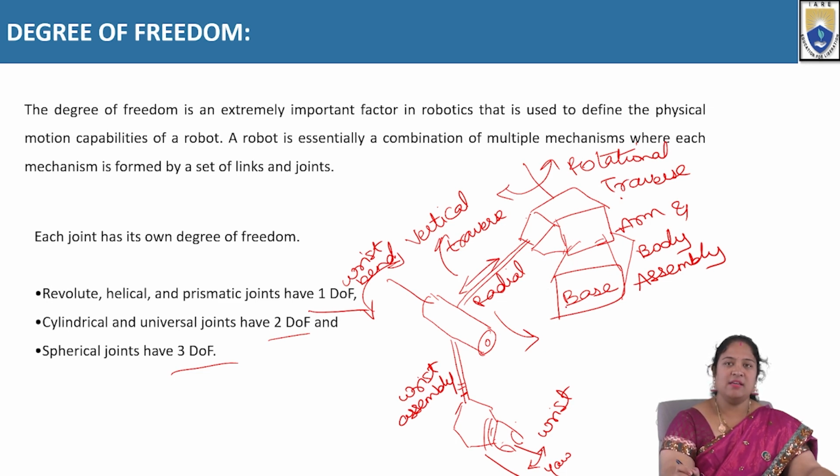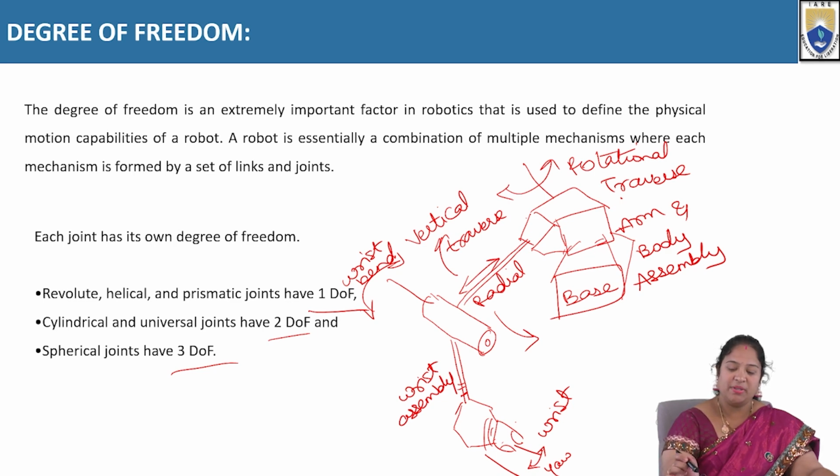This is the base which is being fixed, and to this particular base we have an assembly of a body and an arm, and this particular arm is being attached with a manipulator where we have a wrist, and at the end we have an end effector being fixed. So here we have various axes of rotation being taken, various motions taking place.